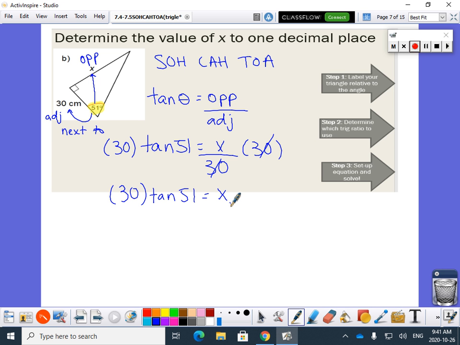Wonderful. Okay, so now listen, you could have done this two ways. You could have figured out what tan 51 is. If you type in tan 51 right now, it's going to give you some sort of decimal. Someone do it. What does it give you? Okay, so now multiply it by 30. Maybe your calculator makes you do that step. There you go. So sometimes it might be preference. You don't have to.